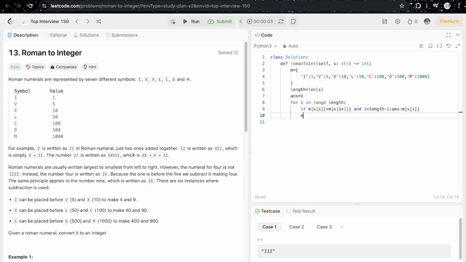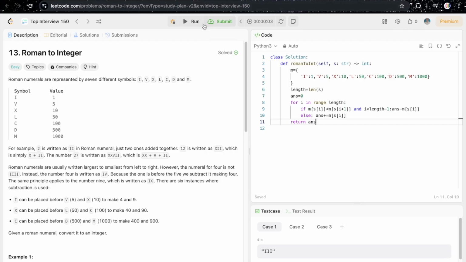And else, answer plus equal to m of s[i]. Okay, this is an easy problem. It is finished. Return answer.